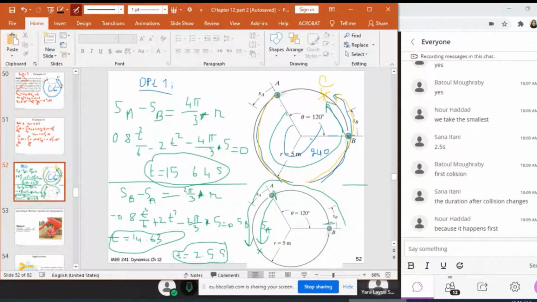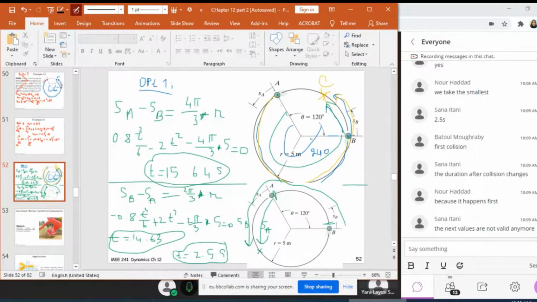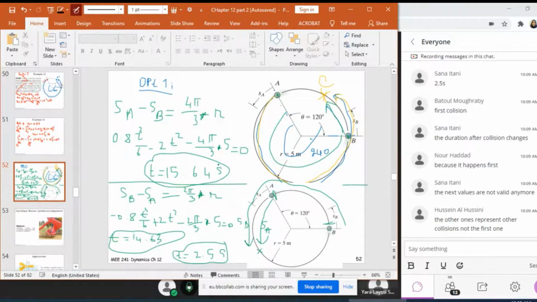In fact, guys, I should choose the first time at which collision occurs. So I have to choose the shortest time at which collision occurs. I cannot say that this is the first collision, this is the second collision, and this is the third collision. Never. Because after collision, everything will change.